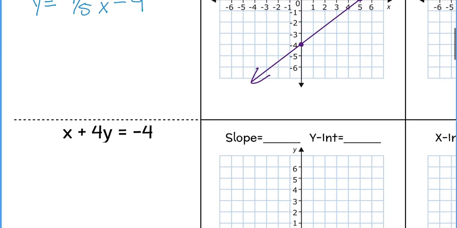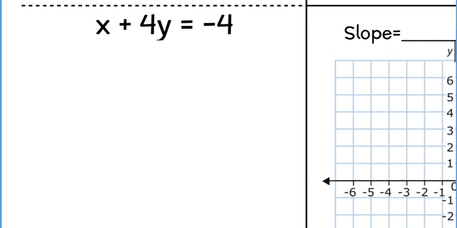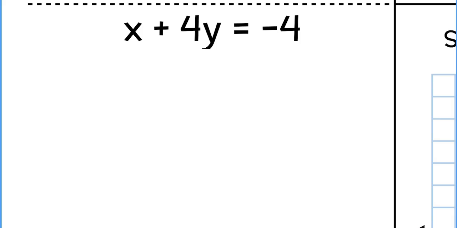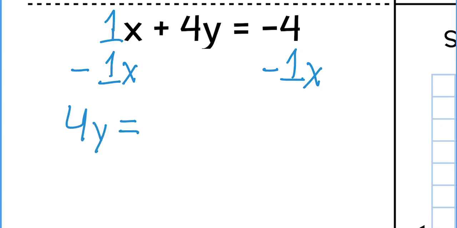Alrighty. We're going to go on to the one below it. I am going to put a little 1 in front of my x, just to help me remember that there is a 1 there. What is my first step if I want to get y all by itself? Subtract 1x from both sides. So I have 4y equals negative 1x minus 4.